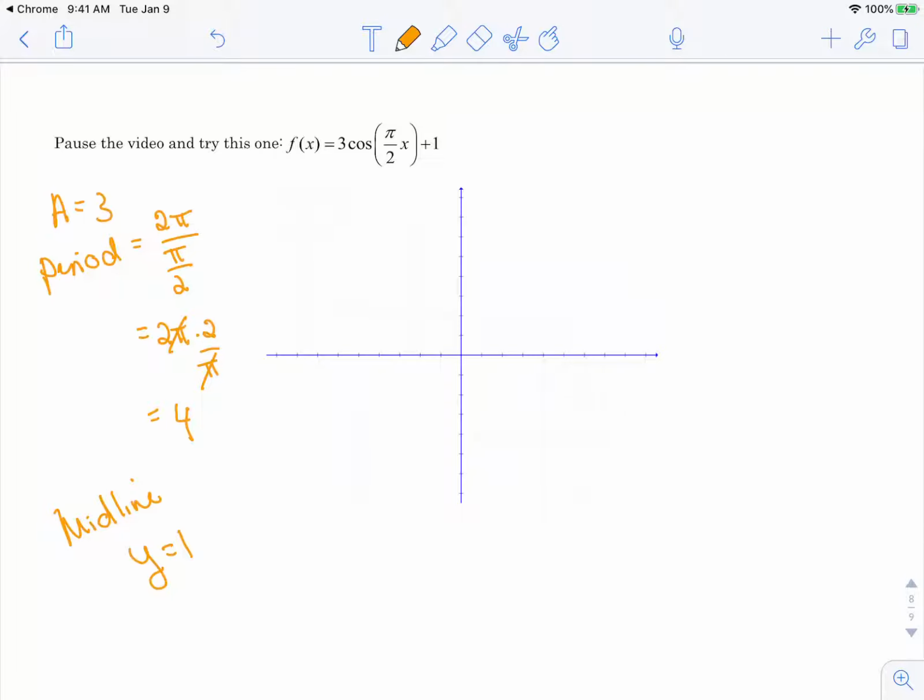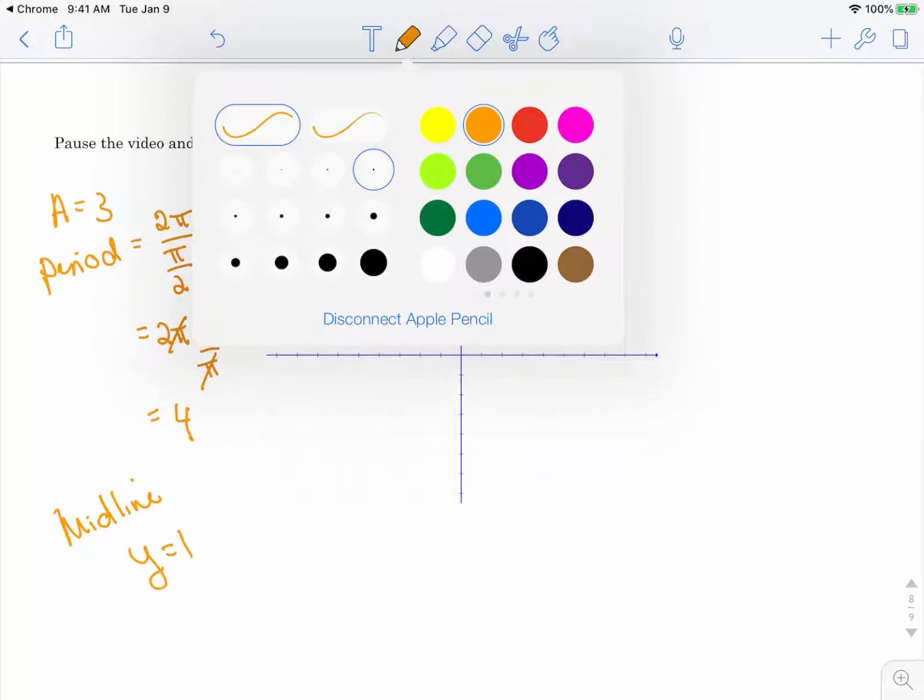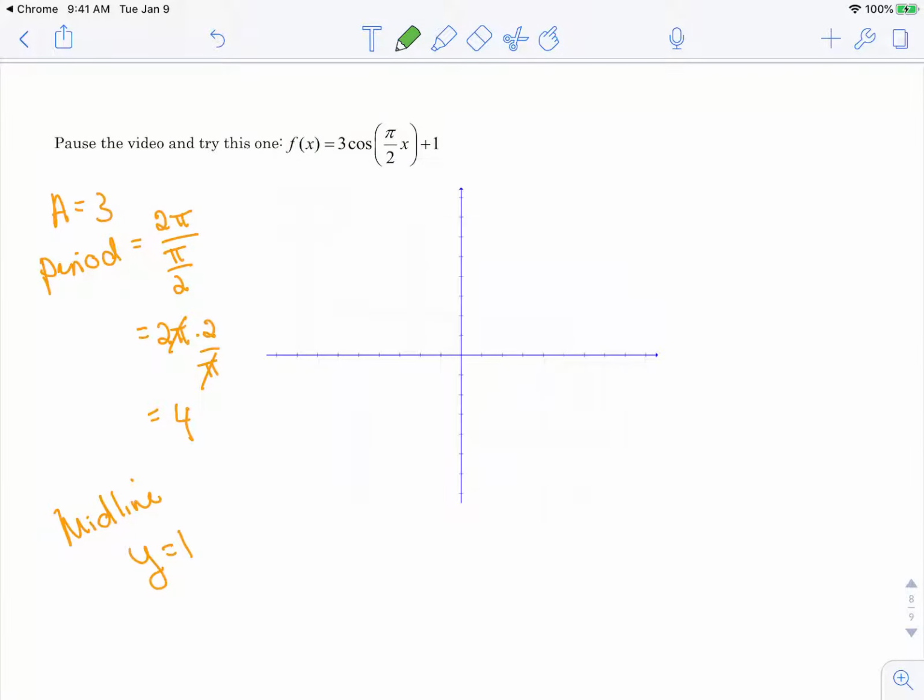All right, so if I'm going to start graphing, this is going to tell me my scale for my y-axis, and this is going to tell me my scale for my x-axis. So if I do quarters, 1, 2, 3, 4, that 4th tick mark I'm going to make a 4.